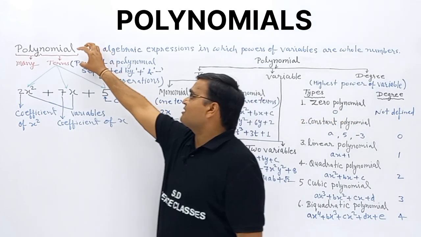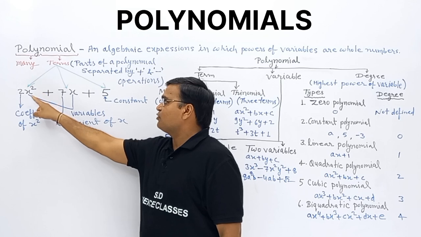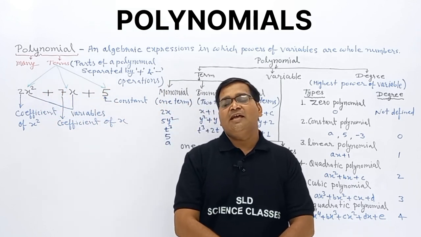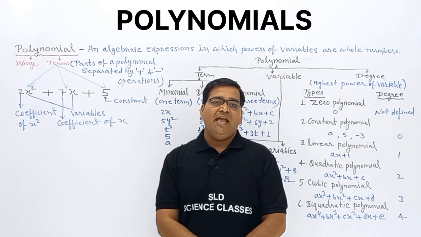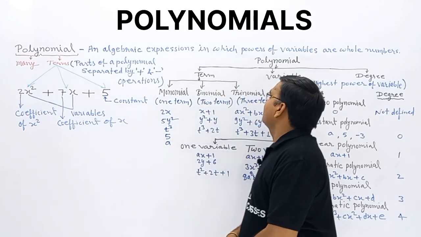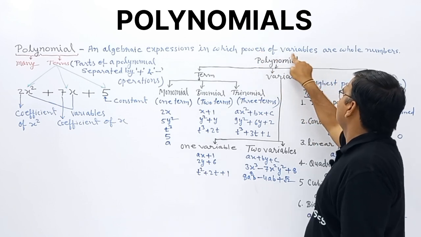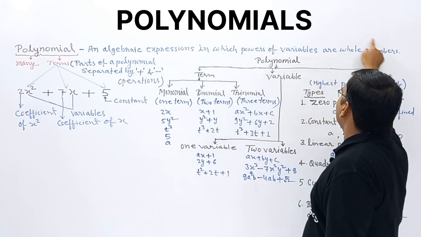So a polynomial is an algebraic expression like this: 2x square plus 7x plus 5. This is an algebraic expression, and in polynomials the powers of variables are whole numbers.